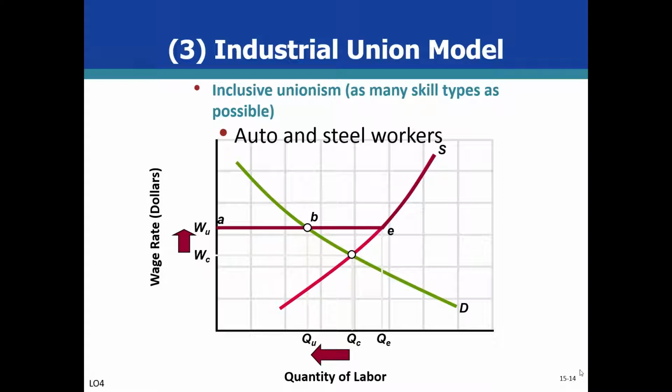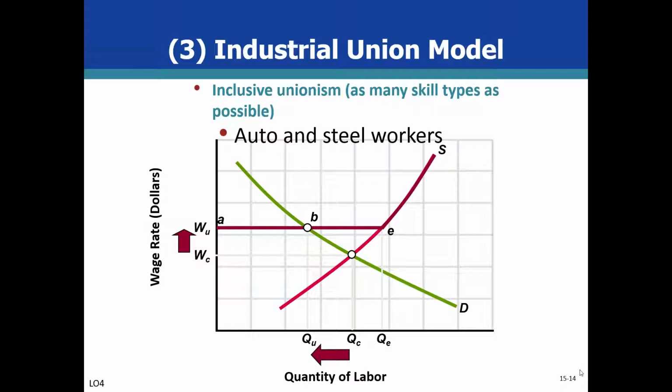The industrial union model here tries to increase the quantity supplied as represented by point E. They just try to get as many people organized, even if it is higher than the natural demand in a competitive situation at WC and QC on this graph.